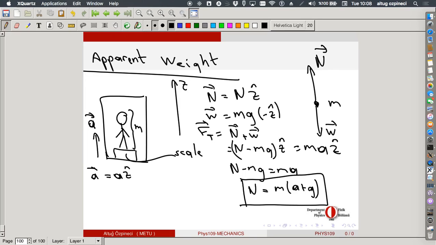In this case, the scale is exerting a force on you, this normal force. If there is no acceleration, the normal force that the scale should exert to prevent you from moving through the scale is just mg. If there is an acceleration, then it is given by this force. The normal force can have different values depending on different circumstances. It's not equal to the weight all the time.